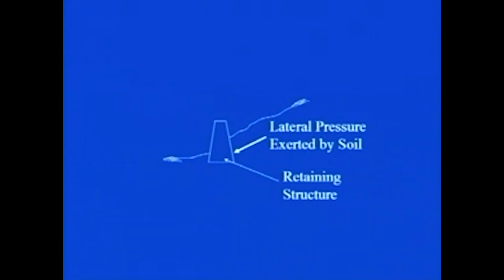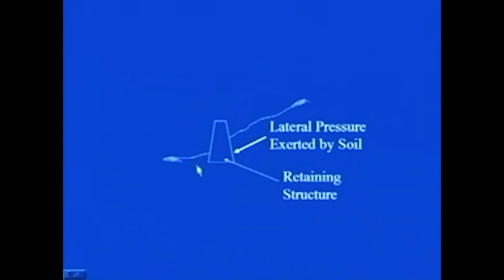To explain this case, let us have a look at this figure once again. This is the lateral earth pressure which is exerted by soil. Because of this pressure, the wall will have the tendency to move in this particular direction. If you consider the face of the wall here and the soil, the active condition is coming into picture, because this wall is moving away from this backfill soil.